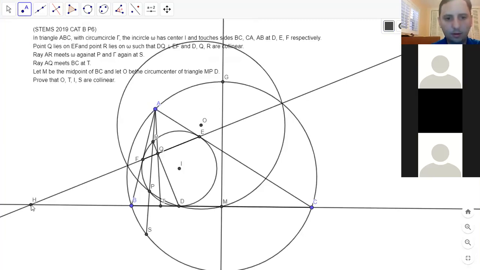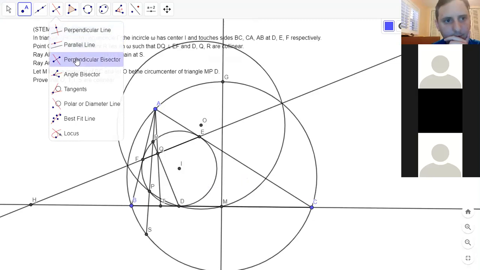It looks like M, the midpoint, isn't important at all, because if we took any random point instead of M, the circumcenter of MPD would just lie on the perpendicular bisector of PD.